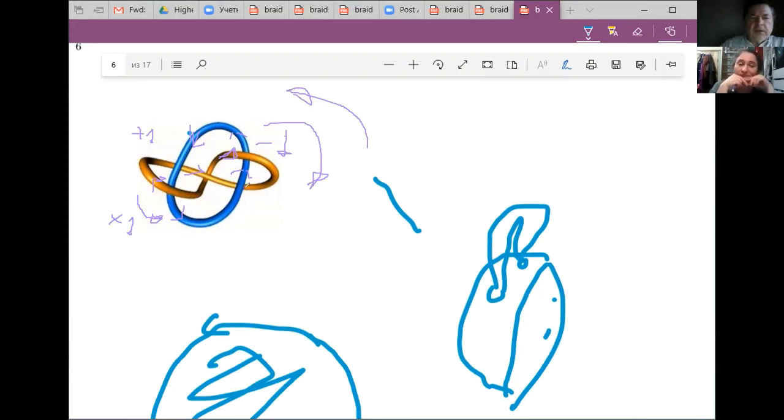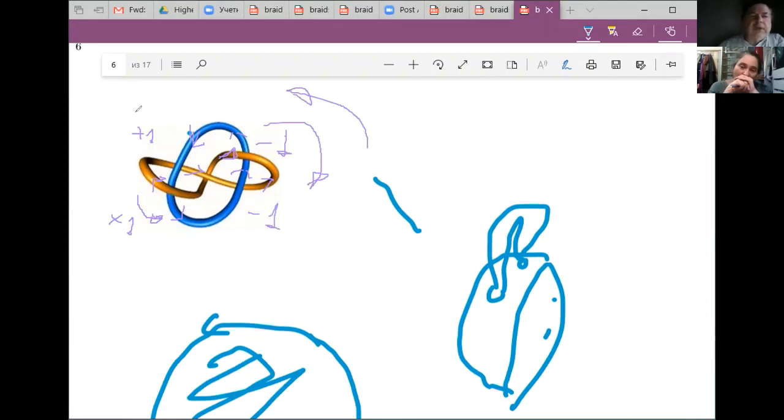And now, contrary to this case, the yellow is under. So now we are moving from blue to yellow, but again, we are moving in the opposite direction.